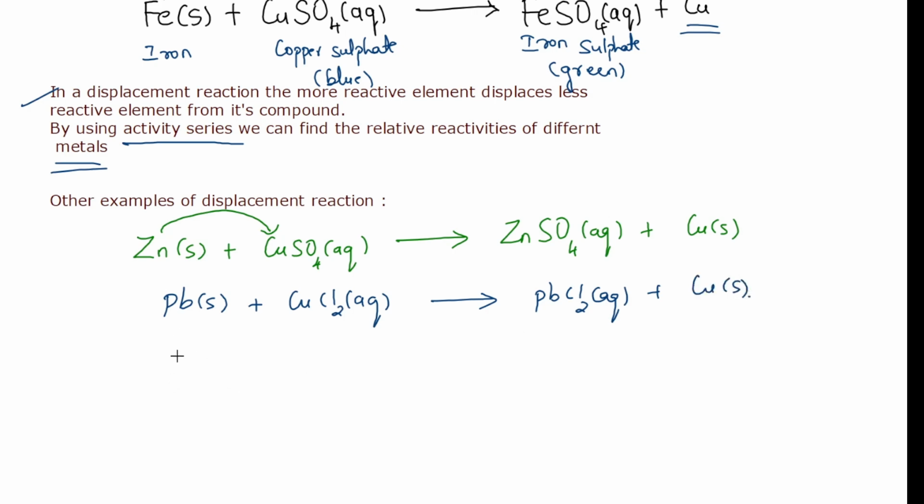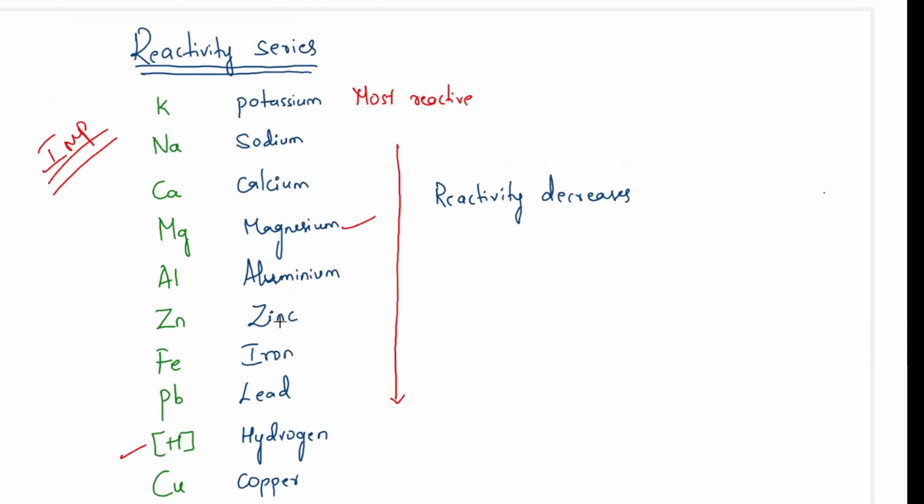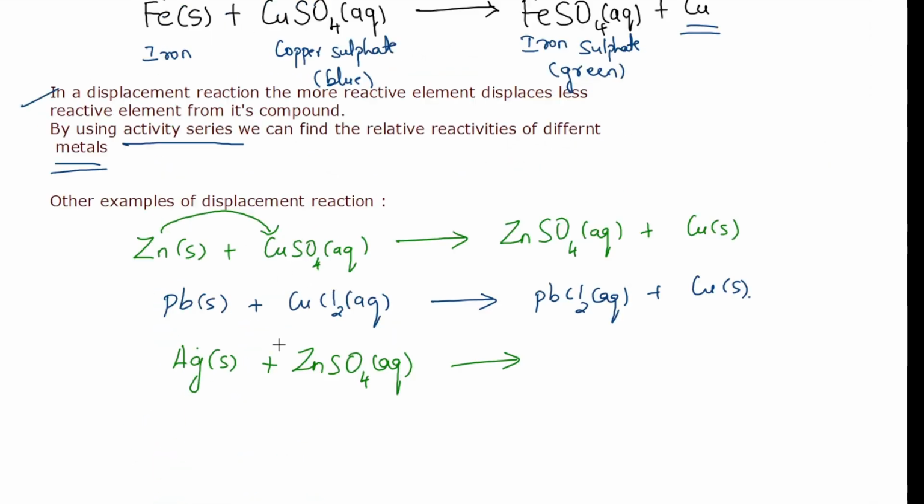If I write Ag, that is silver, zinc sulfate, what is the product formed here? My dear students, observe that silver is less reactive than zinc. The silver comes in the bottom in the activity series, whereas this zinc is the most reactive metal when compared to silver here.